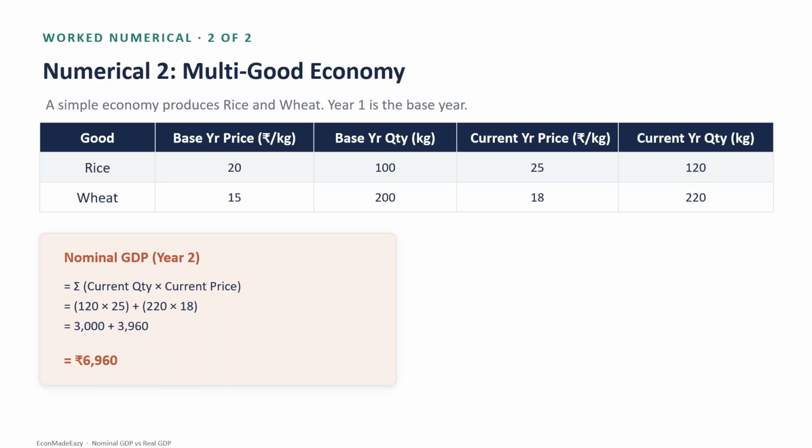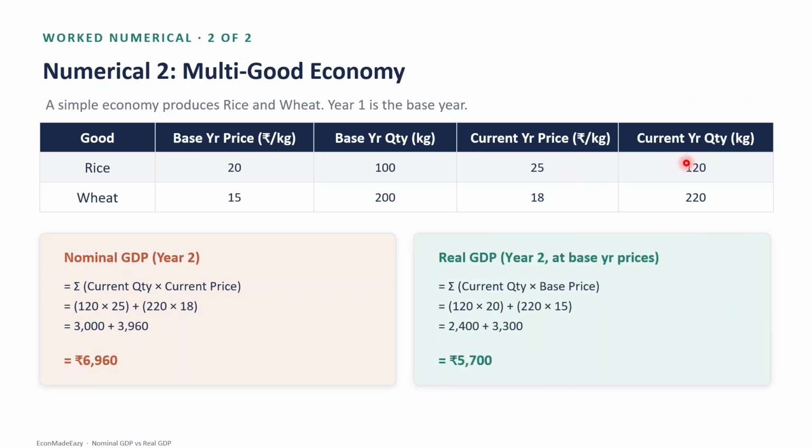Next, let's calculate real GDP for year 2. Now, this is where we need to be careful. We use current year quantities but keep prices from the base year. So, for rice, we will multiply 20 into 120 and for wheat, 15 into 220, which is what will give us 5,700. Therefore, real GDP is 5,700.